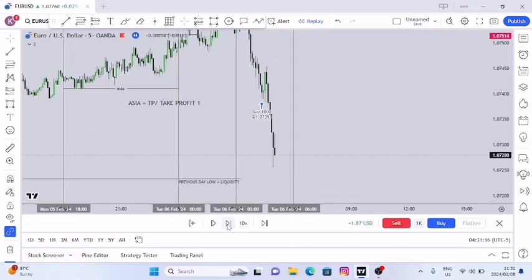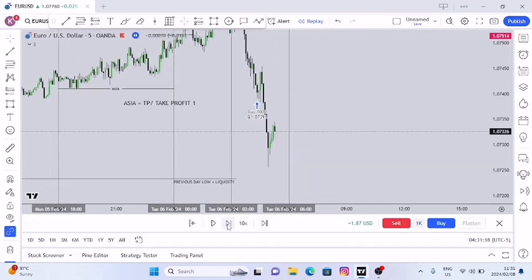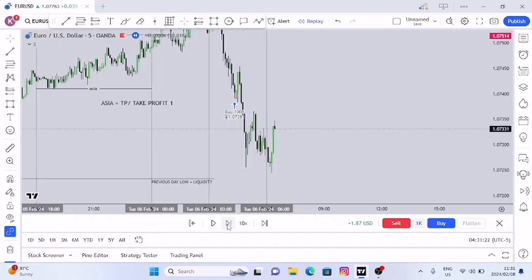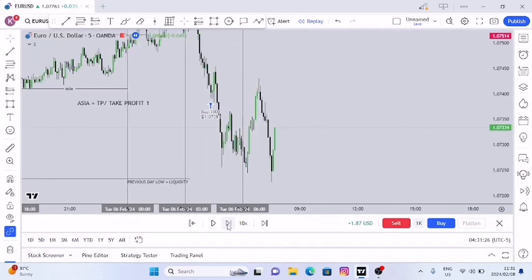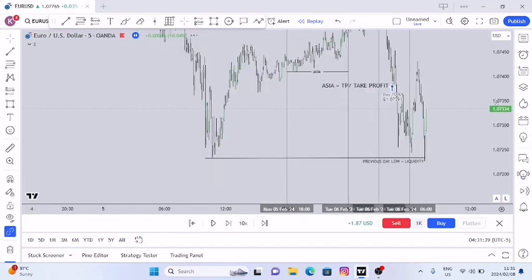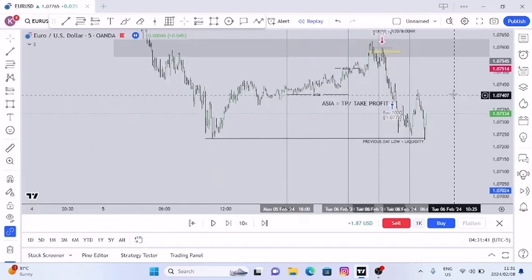And then as the market goes on, we see higher prices, and then boom, right here over this candle, we would have taken out the previous day low.